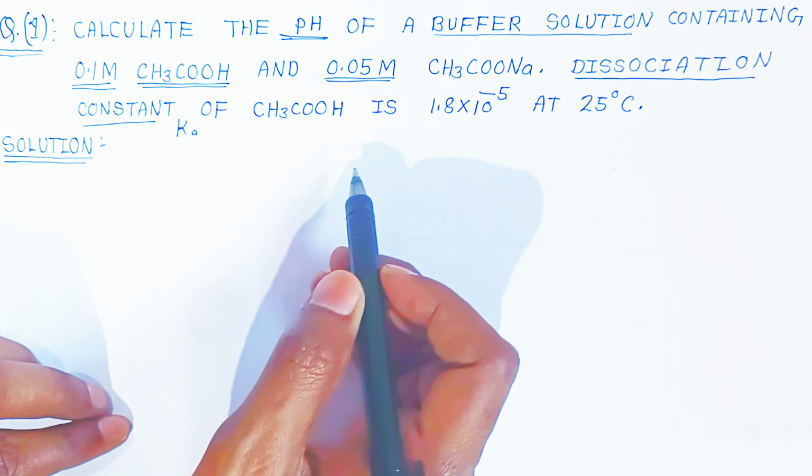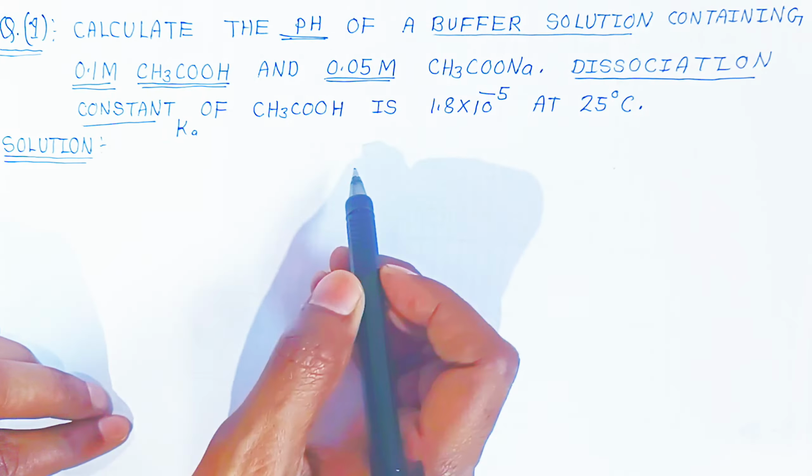Okay students, because it is a buffer solution, first you have to write down what is given. The concentration of acid, shown with this symbol, acetic acid CH3COOH, is given as 0.1 molar, and the concentration of its corresponding salt, sodium acetate, is given as 0.05 molar.